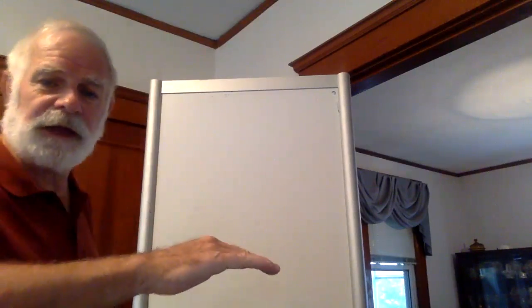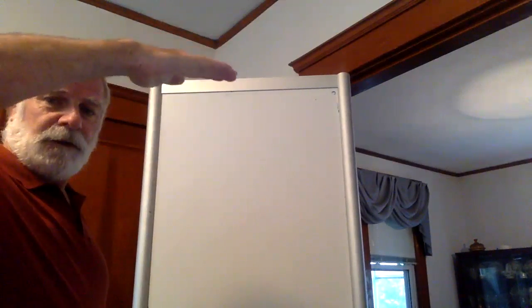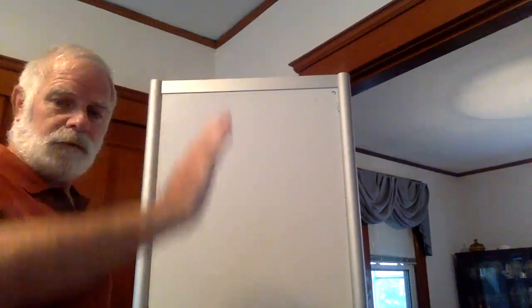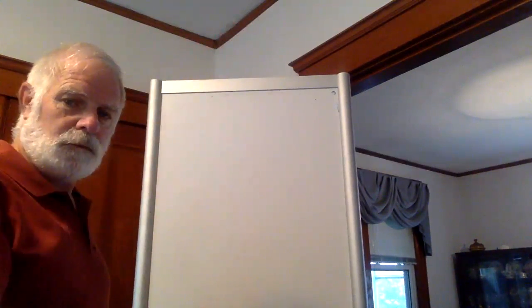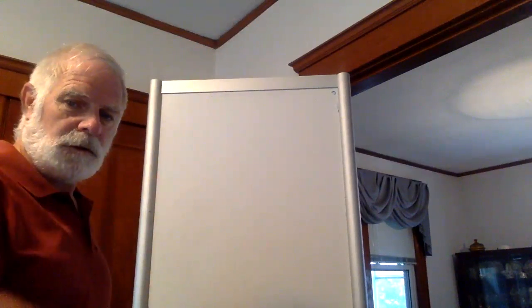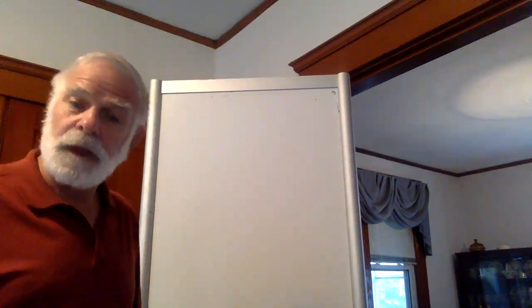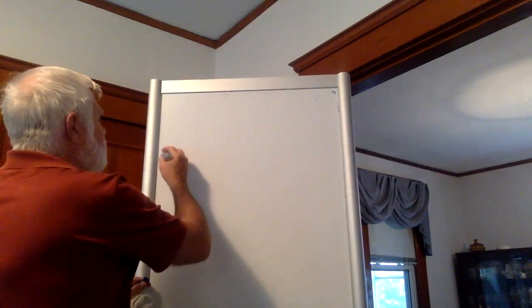So we're going to do a little sinusoid here. I think I'll start up here, and I'm going to go 2, 3. I'll stop there. All right, so if we looked at height as a function of time, the graph would look something like this.